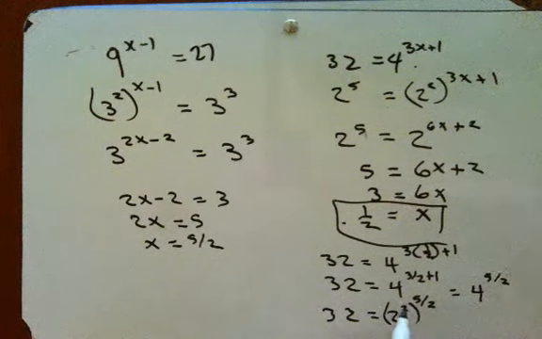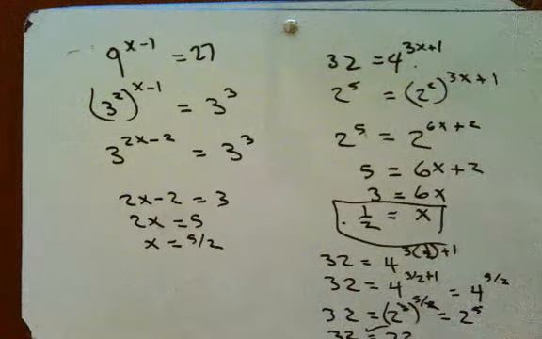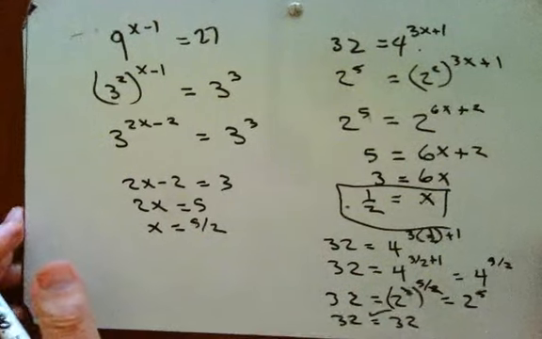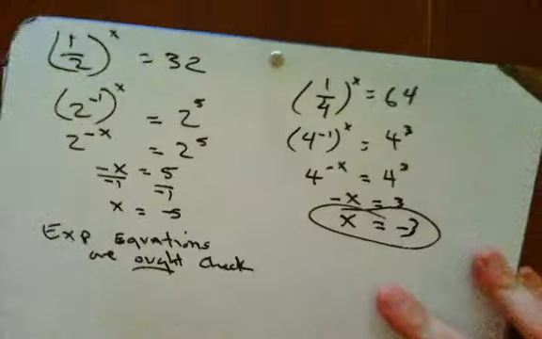Well, if I turn 4 into 2 squared, I end up with raising a power to a power, so I would multiply and those would cancel. And I'd have 2^5 equals 32, or 32 equals 32.